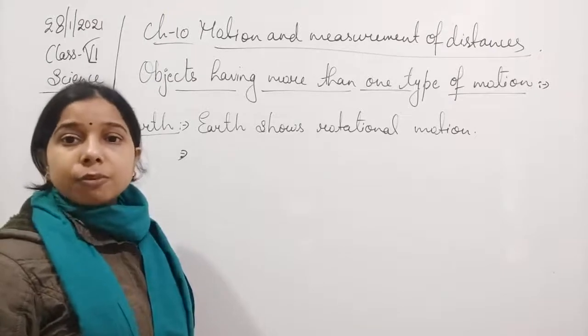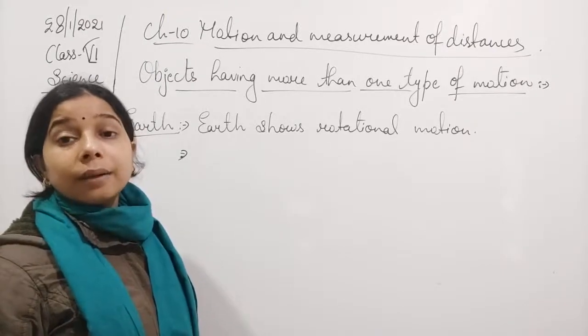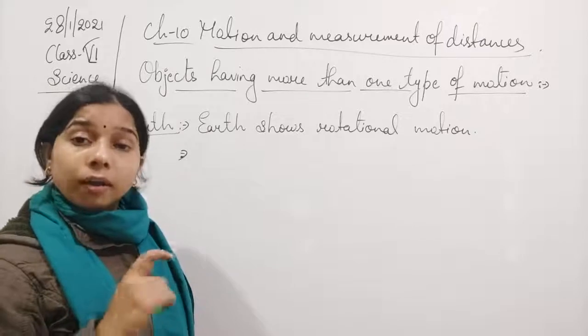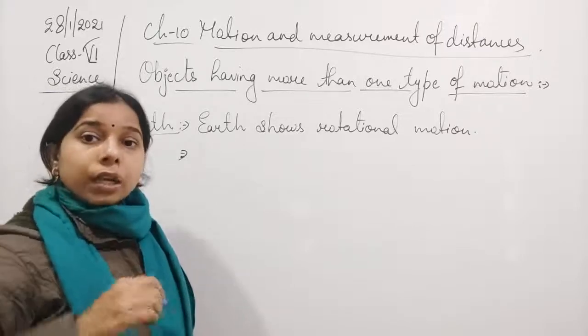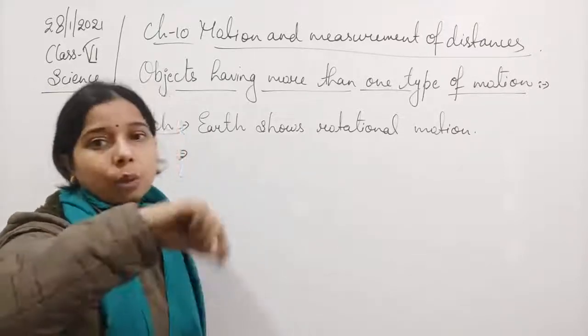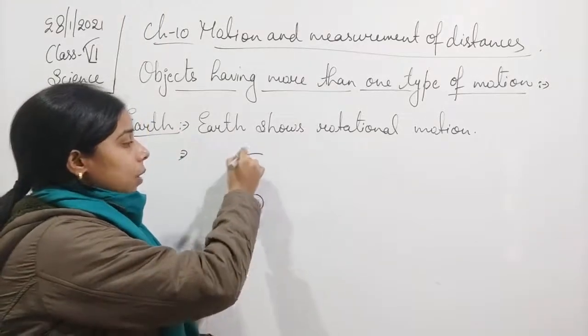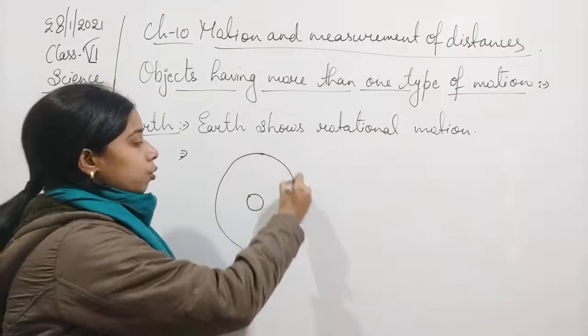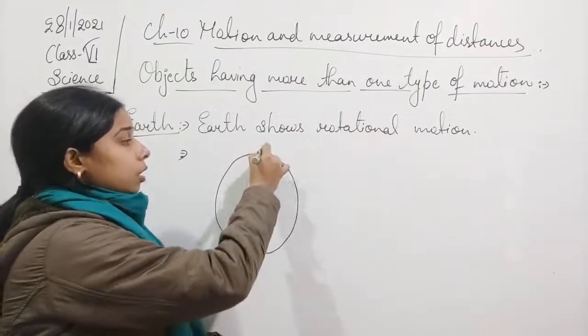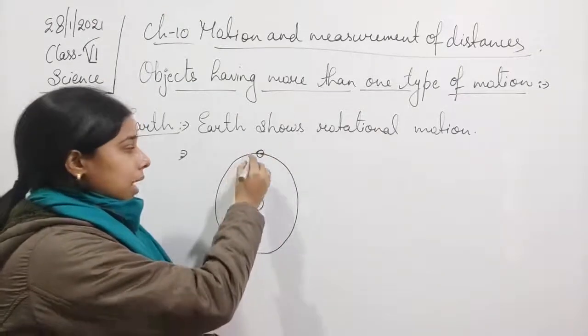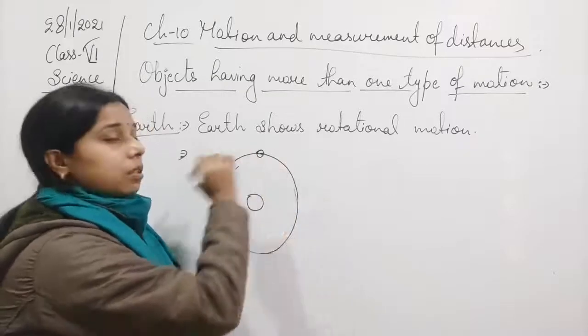The second type of motion shown by the Earth is that it not only moves on its own axis, but it also revolves around the sun. If this is the sun and this is the orbit, the Earth is rotating on its own axis as well as moving along this circle.